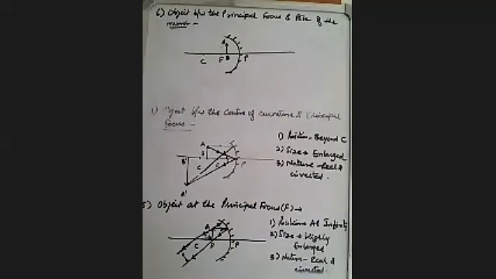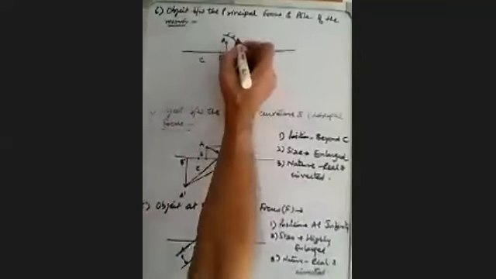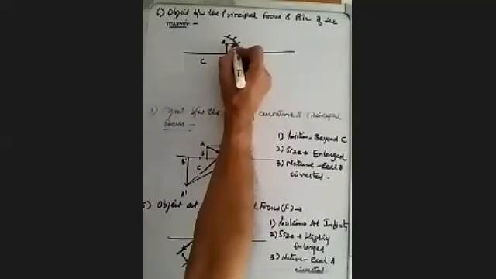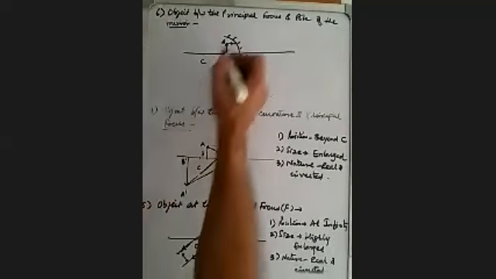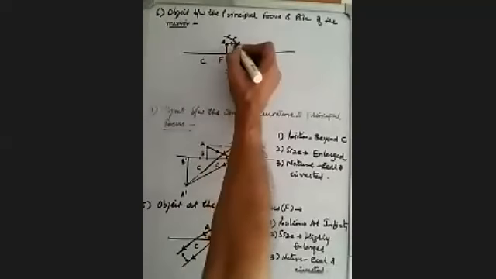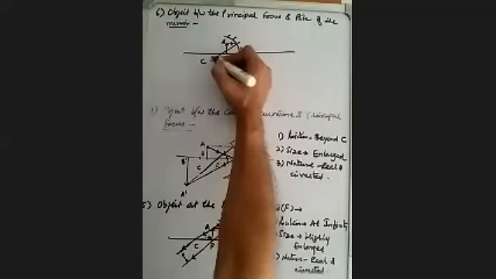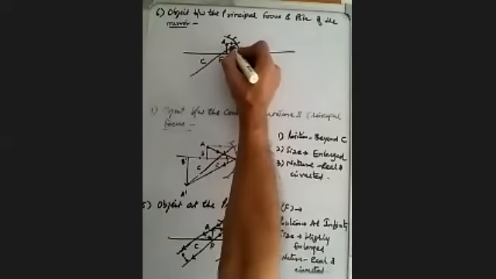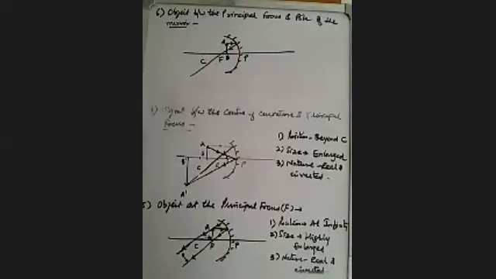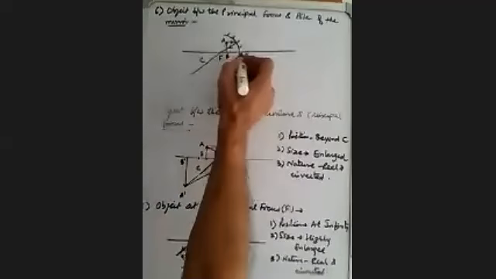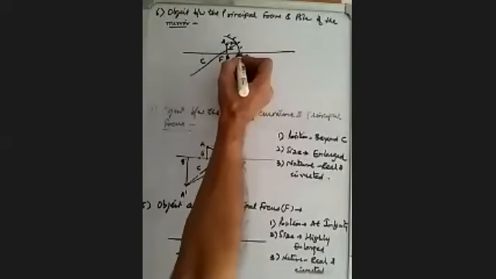Now, to get the image, let us consider a ray which is parallel to principal axis. When a ray is parallel to principal axis, after deflection, it passes from the principal focus. So this is a reflected ray. Now we can consider one more ray which is incident obliquely at the mirror.